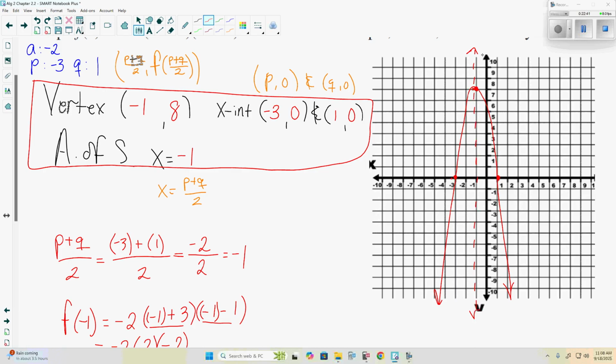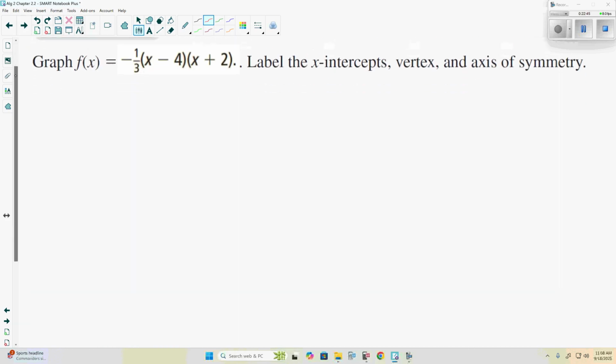Questions on this here? Let's look at this next one: negative 1/3 times (x minus 4) times (x plus 2). What is our value of A?